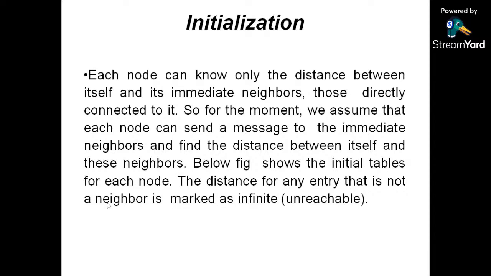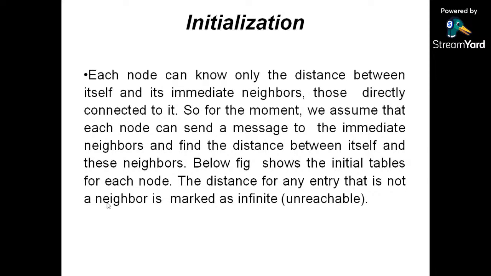So for the moment, we assume that each node can send a message to the immediate neighbors and find the distance between itself and these neighbors, as shown in the figure.